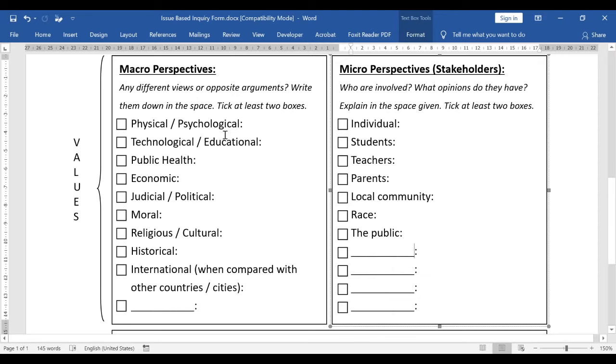Just to take an example, if we are considering the issue of drug abuse, you can do it from the personal, physical and psychological perspectives. 個人食咗藥之後，佢會有咩生理同埋心理嘅影響呢? For example, we can also consider it from students.